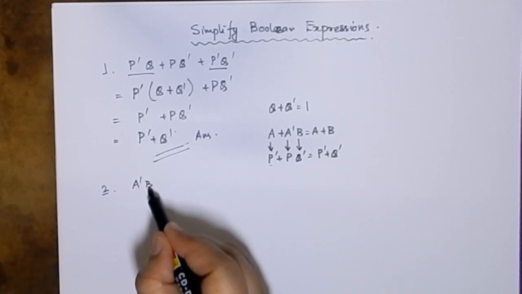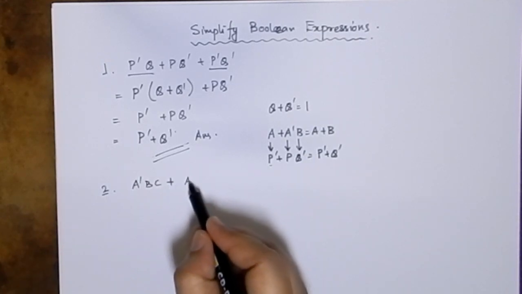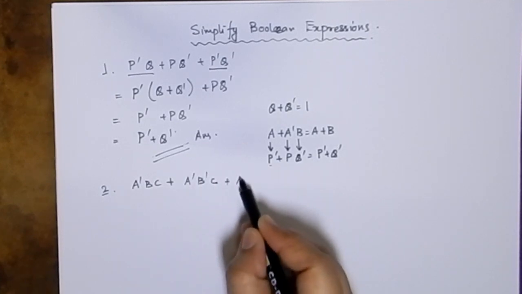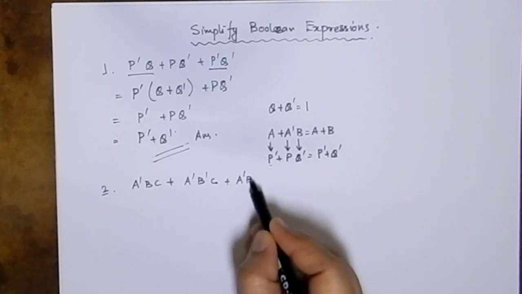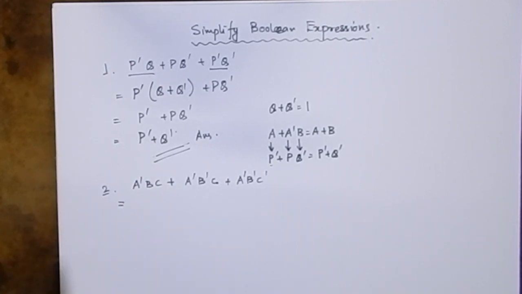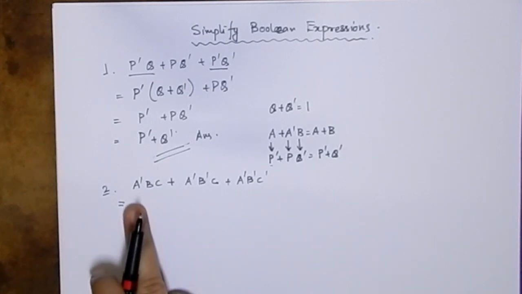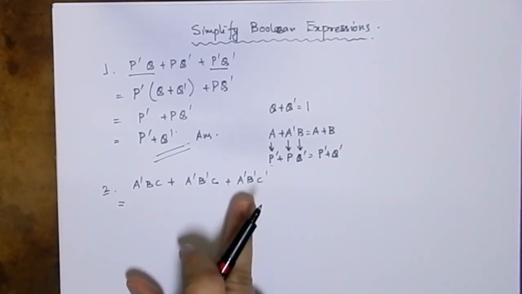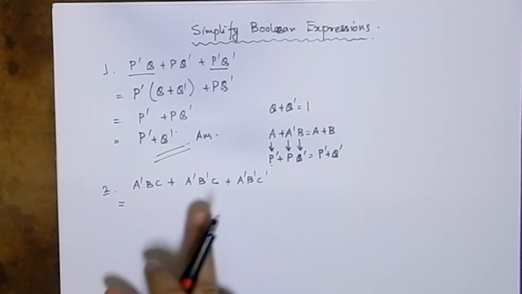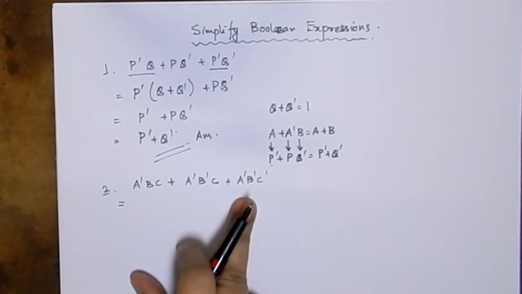A dashed BC plus A dashed B dashed C plus A dashed B dashed C dashed. Now when you have such terms, you have to see that if you have any variable, you can take it common from more than one term.